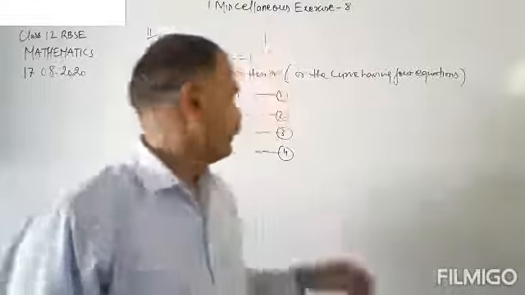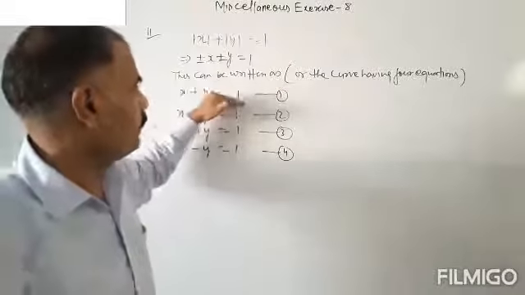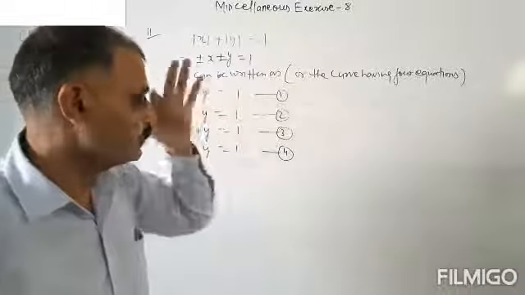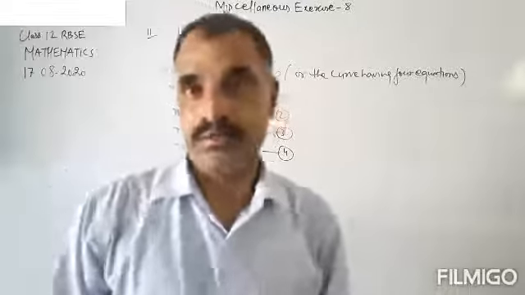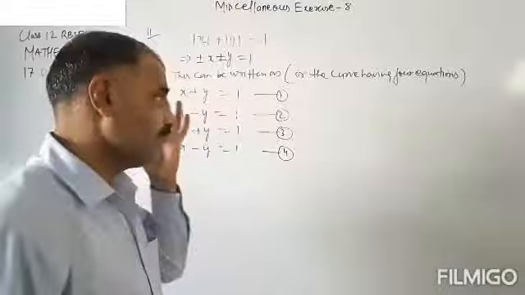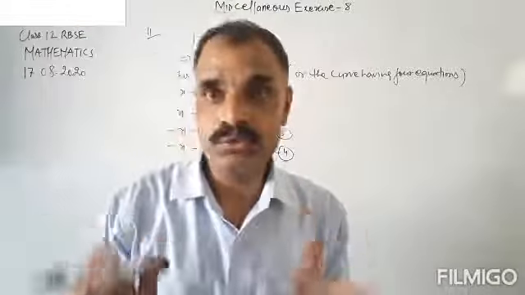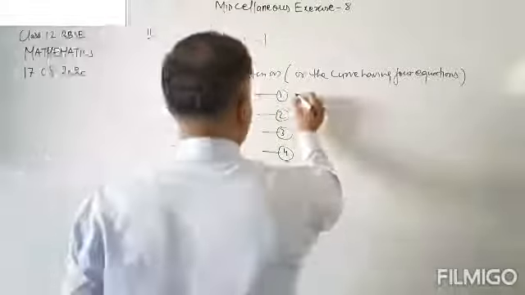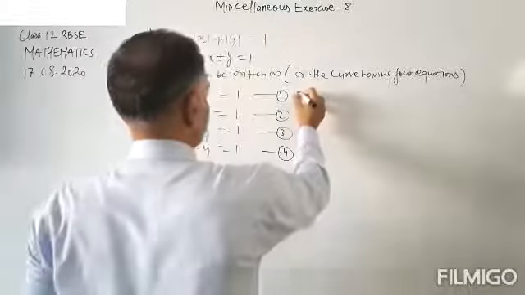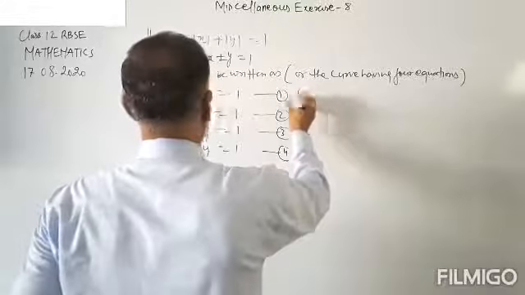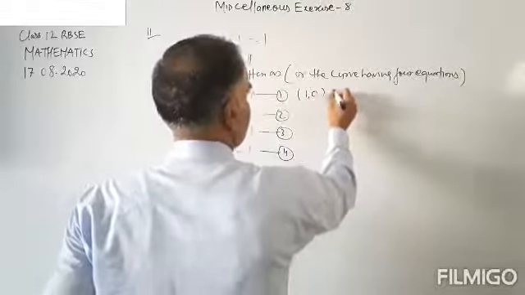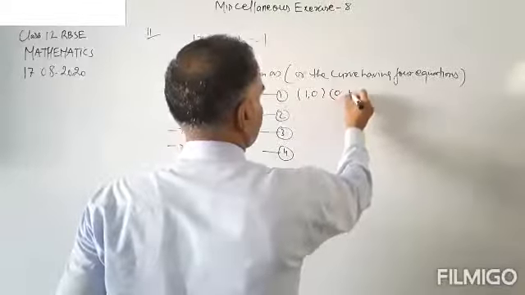Now we want to draw the sketch of these lines in the 2-dimensional Cartesian plane. So we want at least 2 solutions of each equation. So solutions are: y equals 0, x equals 1, and x equals 0, y equals 1.